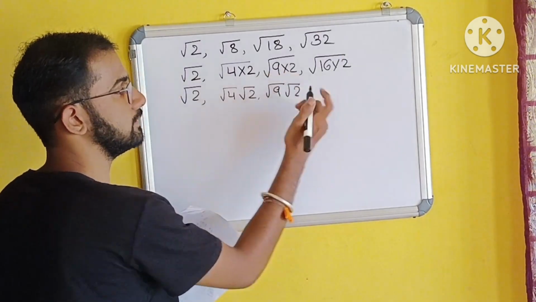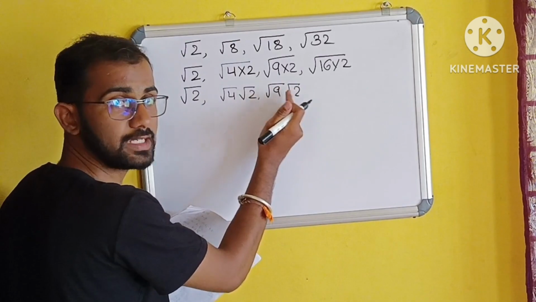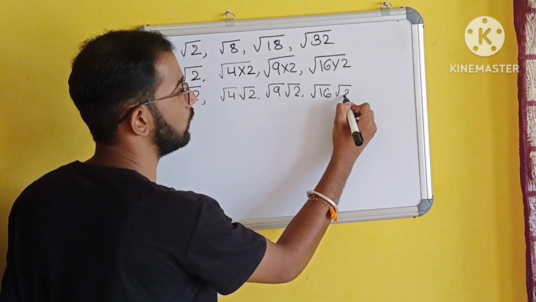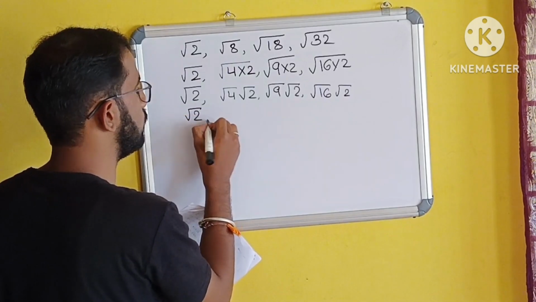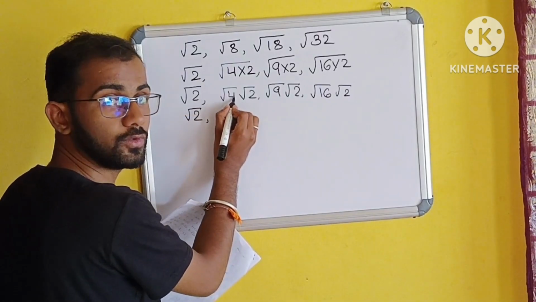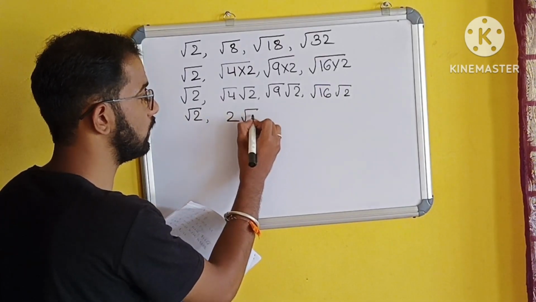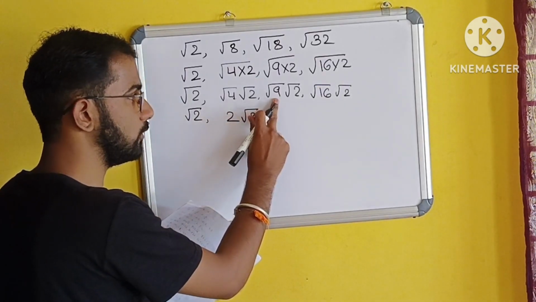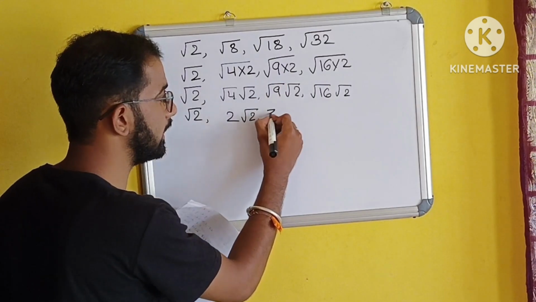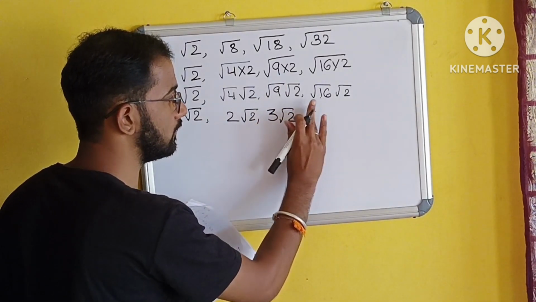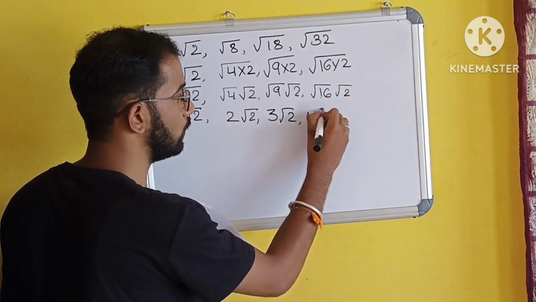If you split like this and take the roots separately, it will be very easy to understand. Root 4 into root 2: the square root of 4 is 2, so 2 root 2 as it is. Square root of 9 is 3, so 3 root 2. Square root of 16 is 4, so 4 root 2.